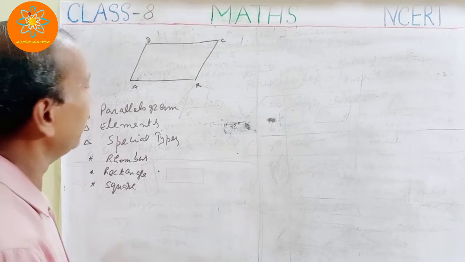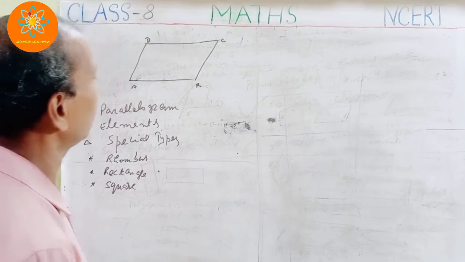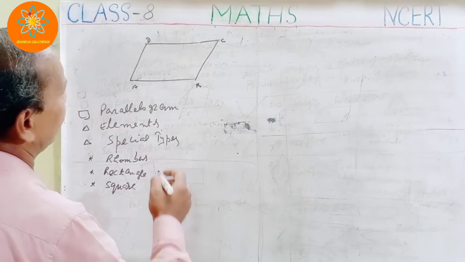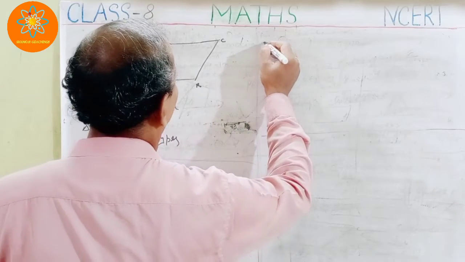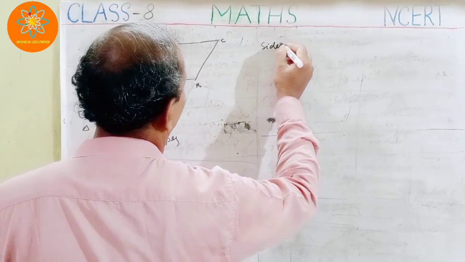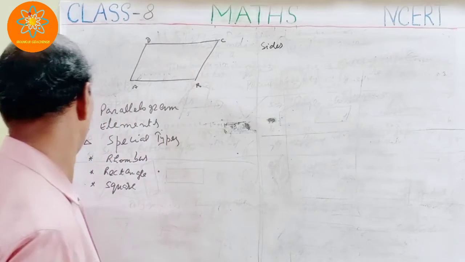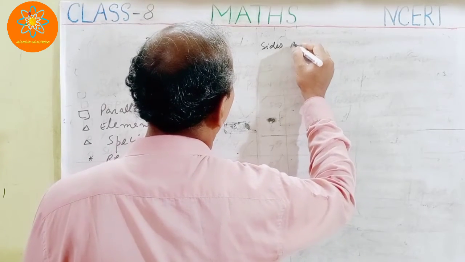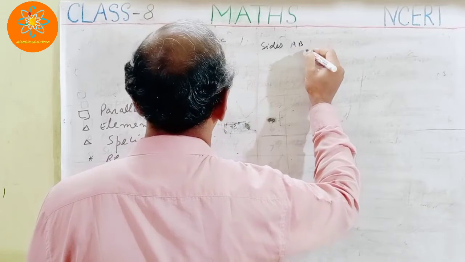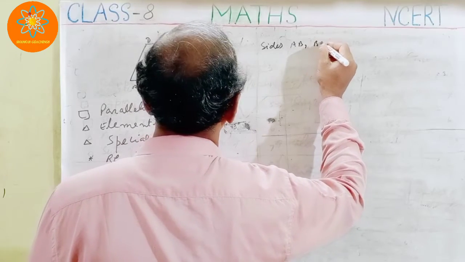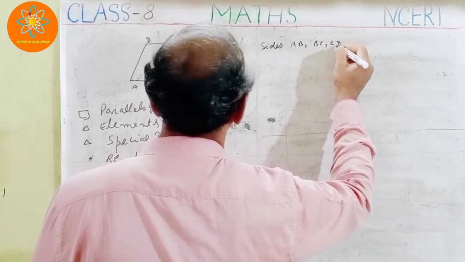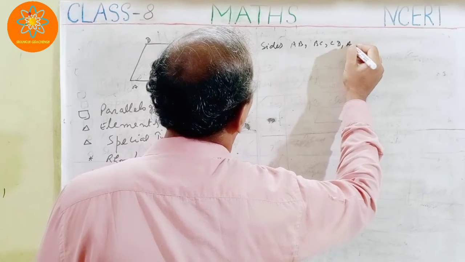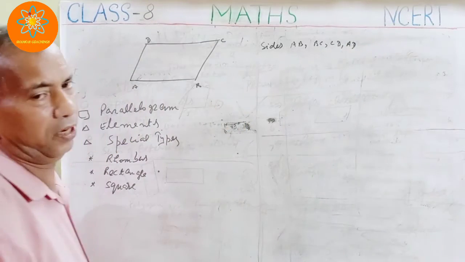If you see this parallelogram, you will find the sides are AB, BC, CD, and AD.